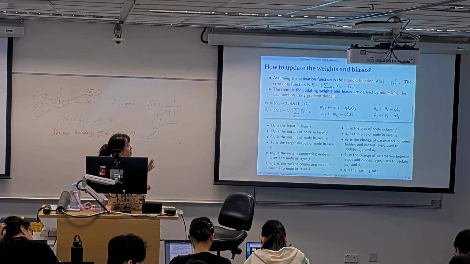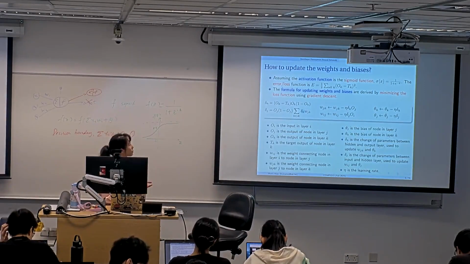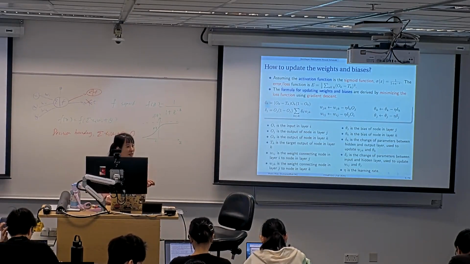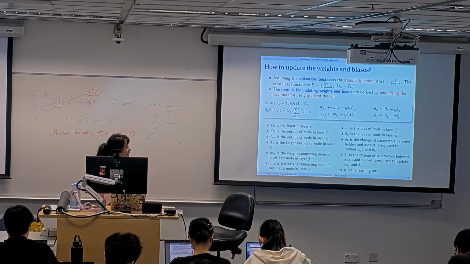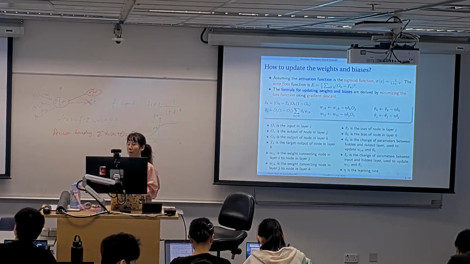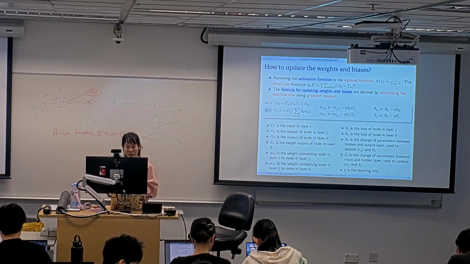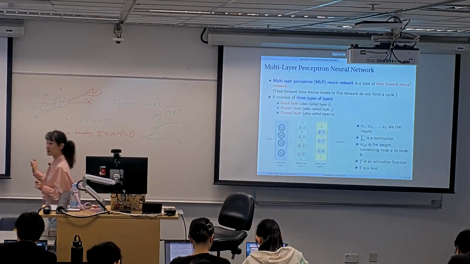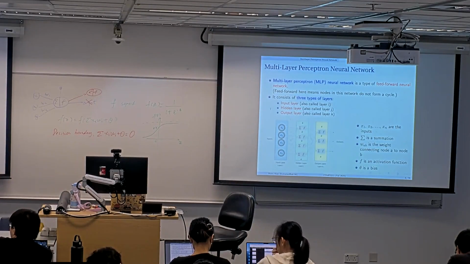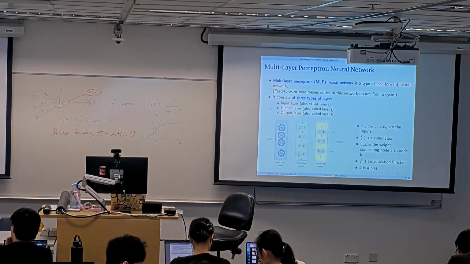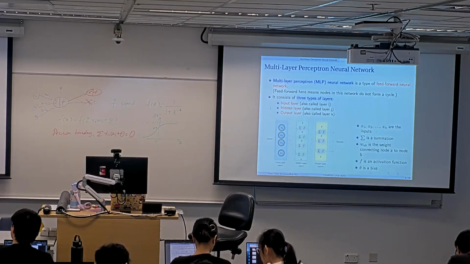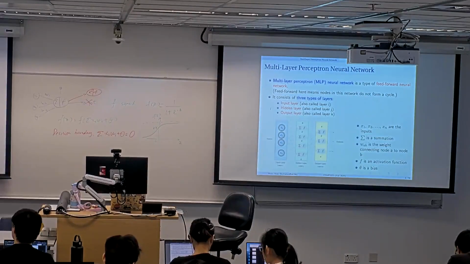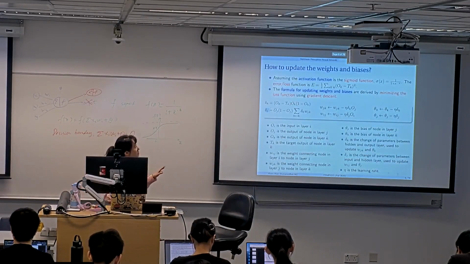So that's why we must follow this order: we first compute delta k. After that, we can compute delta j, because delta j depends on delta k. And that also explains why we have to do the backward propagation. We first need to get the change of the parameters here, delta k. Only after we have delta k, we can compute the change of parameters here, that's delta j. So that's why we have to go in this backward direction to update all the parameters. So first compute delta k, then compute delta j.